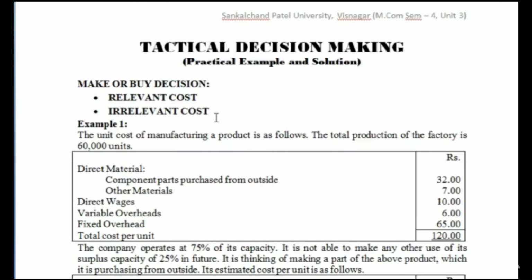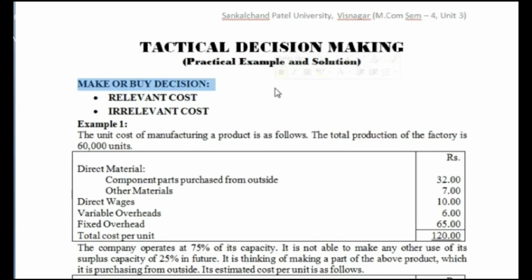So what should the company do, whether such component parts or material required in your main product are to be purchased from outside or manufactured in our factory? That kind of decision is known as make or buy decision.